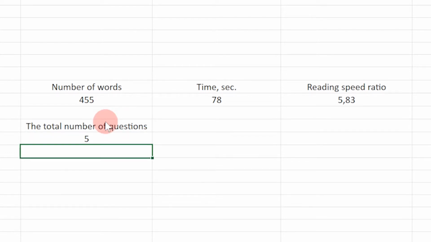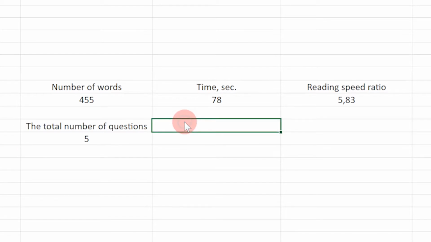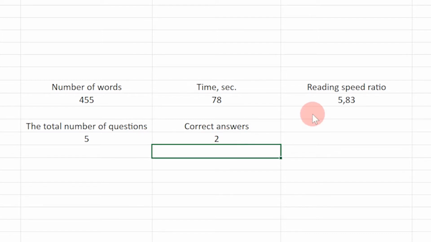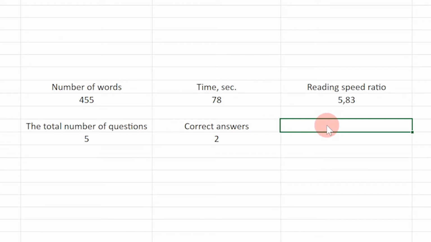In the second column, I'm writing the number of correct answers. And it is, for example, 2. But it also could be 1, 5, 3, maximum 5.